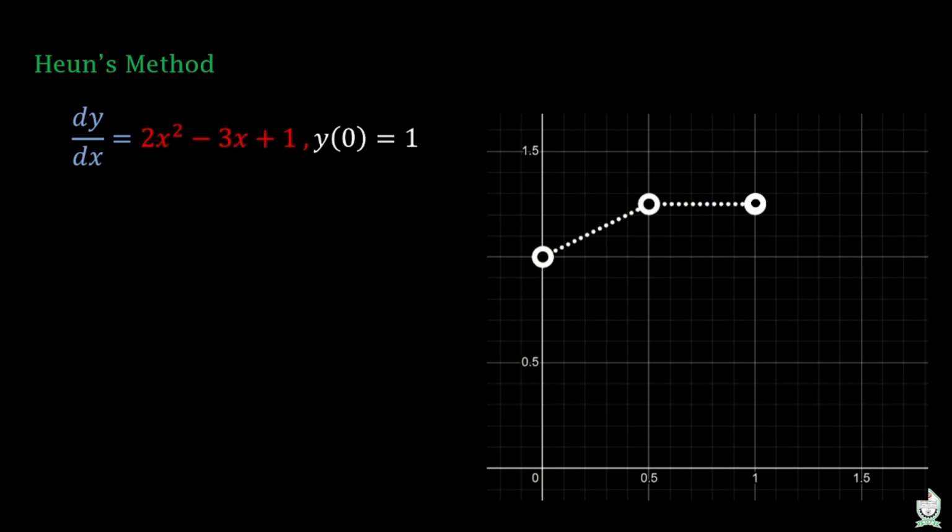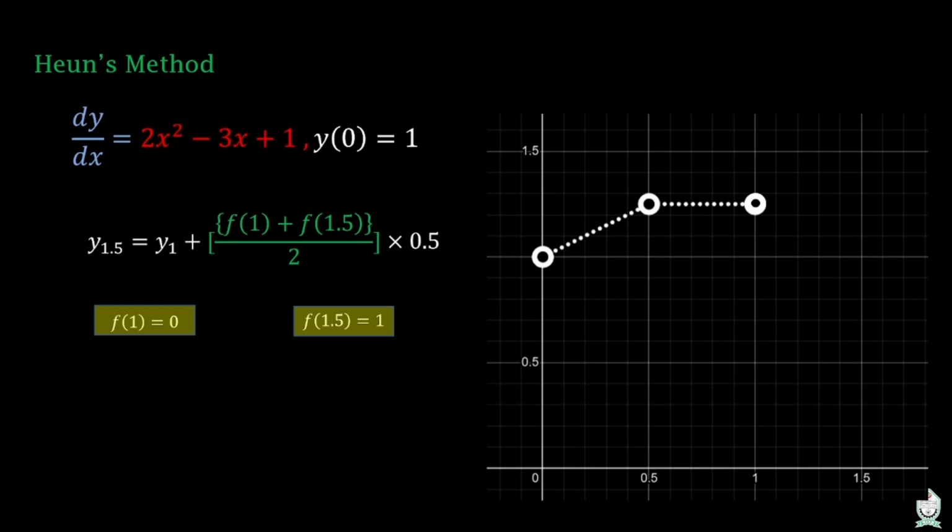In the same fashion, now we are interested in calculating the value of y at x equals 1.5. So we need the value of slope at x equals 1 and also the value of slope at x equals 1.5. After the calculation we get the values as 0 and 1, and if we take the average of them and plug it into the equation, the value of y at x equals 1.5 comes out 1.5.